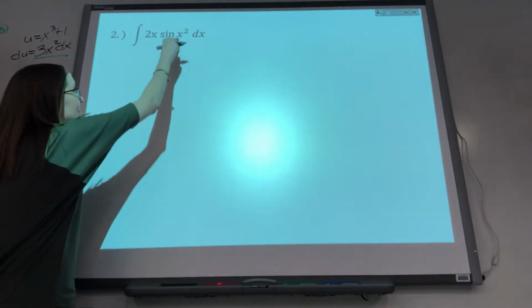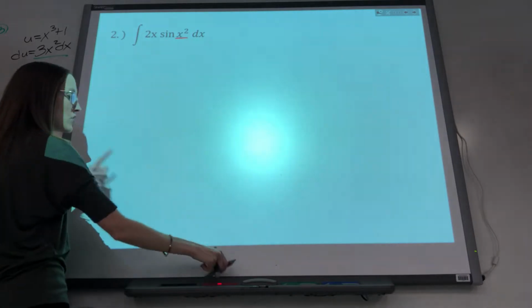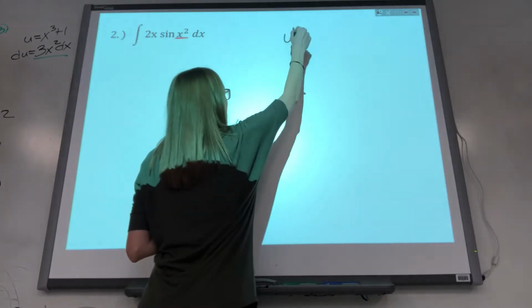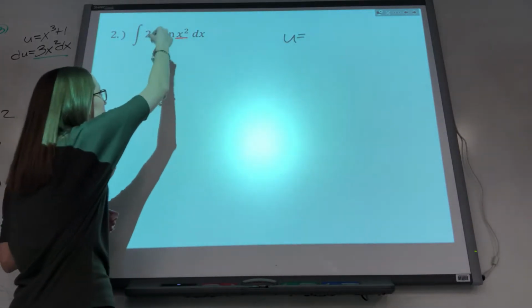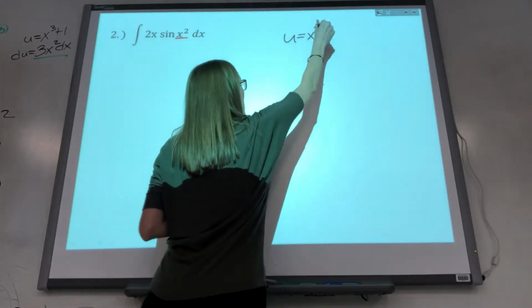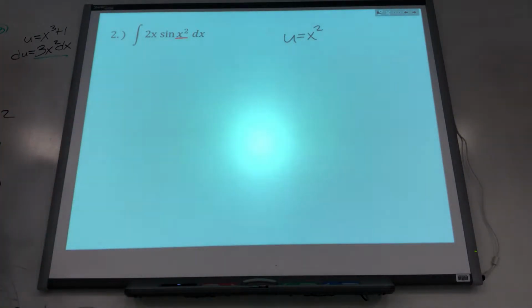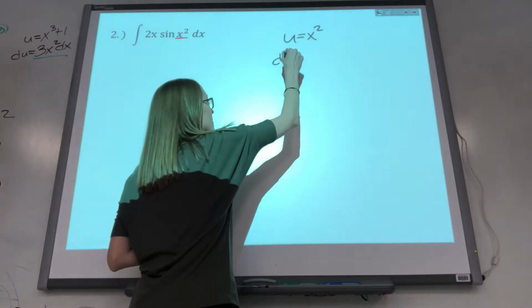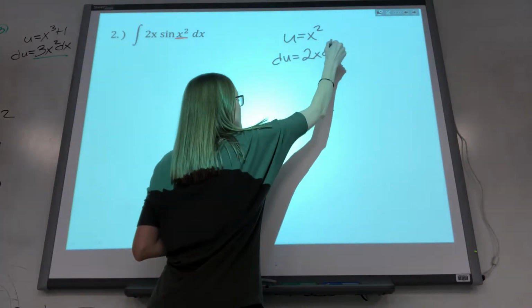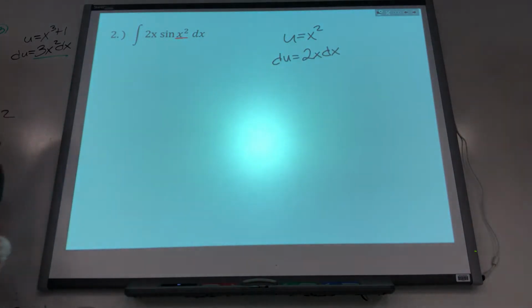So like I said last time, usually what you let u equal is the part inside the trig function. So in this case, it would be the x squared. Now, derivative of x squared is 2x.